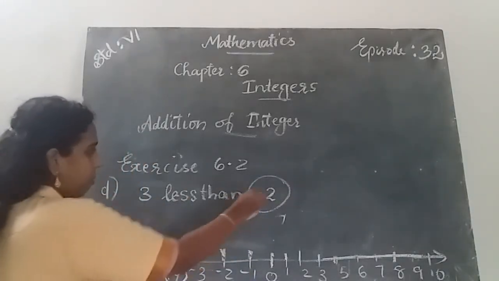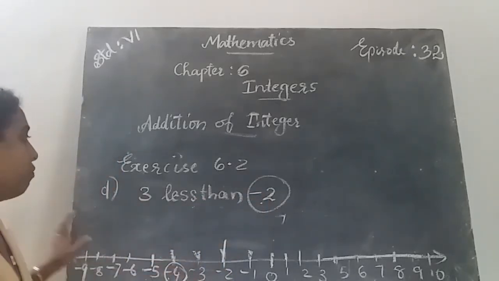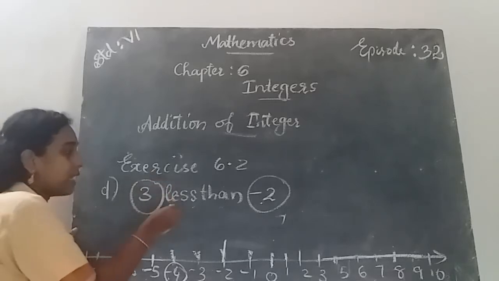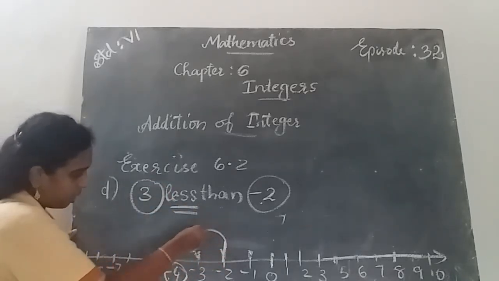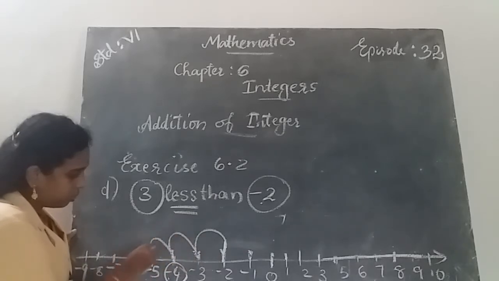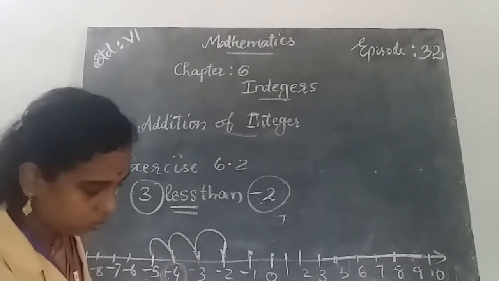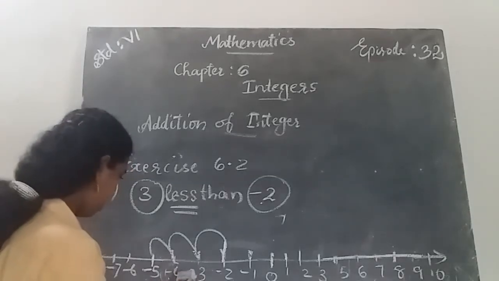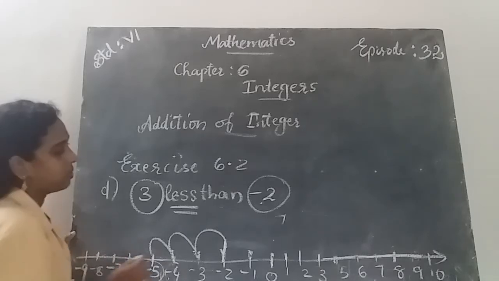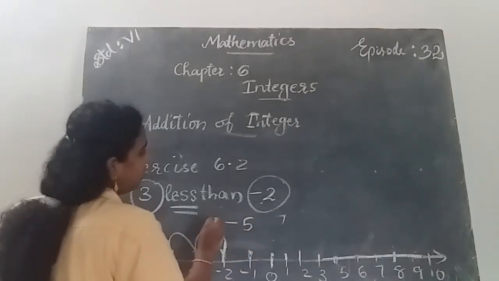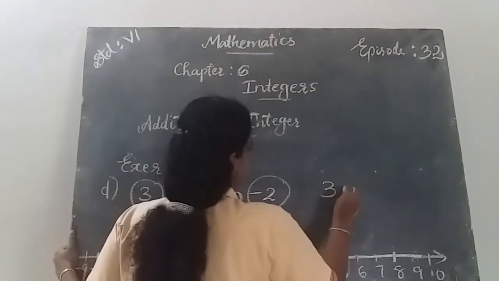So we start from -2, and less than means left direction. So 1, 2, 3. Then we reach -5. So the answer is -5.